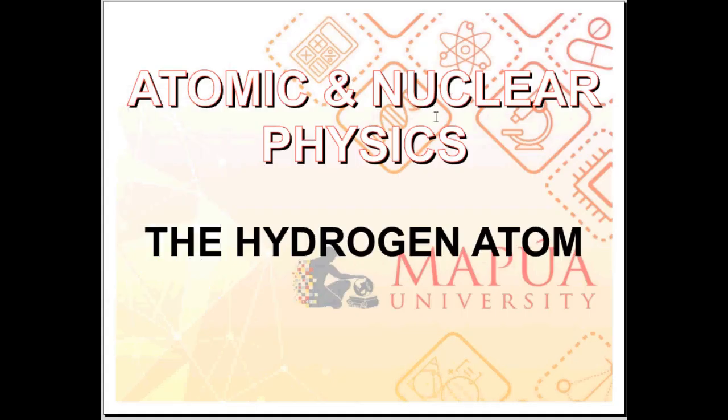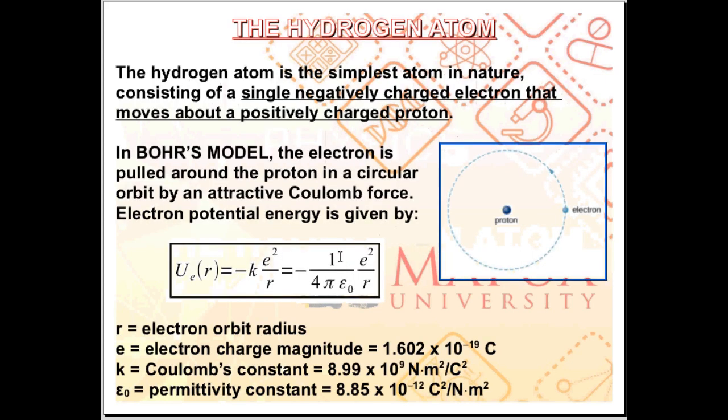Atomic and nuclear physics. In this video, we take a look at the concept of the hydrogen atom. The hydrogen atom is the simplest atom in nature, consisting of a single negatively charged electron that is moving around a positively charged proton.